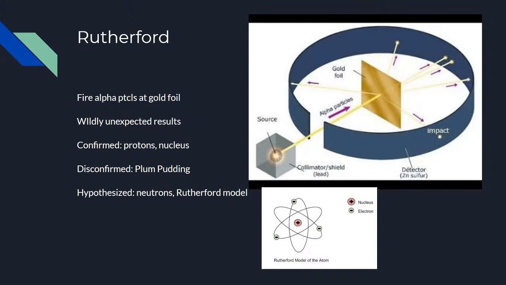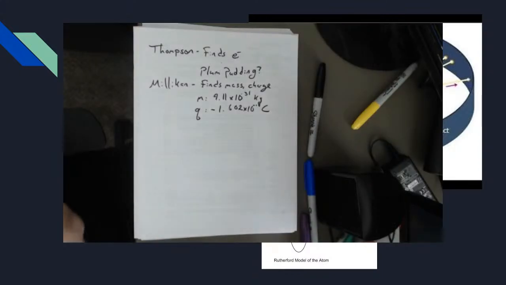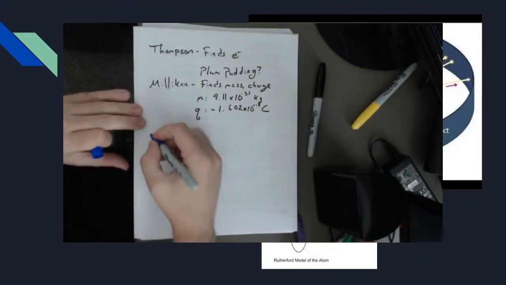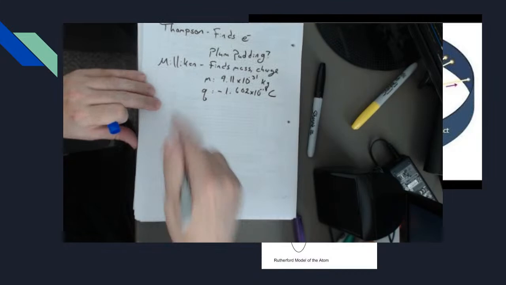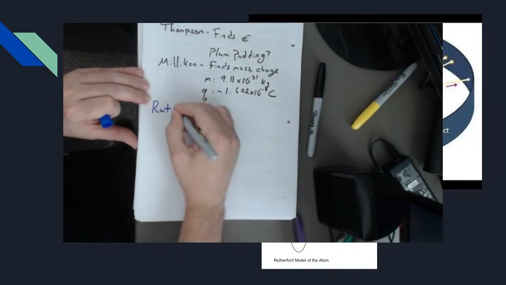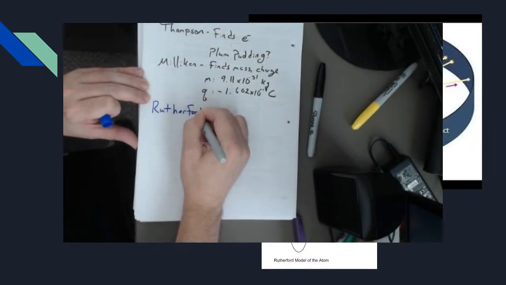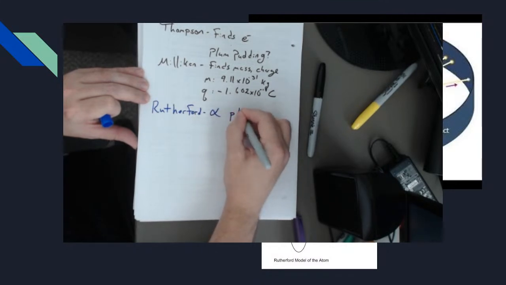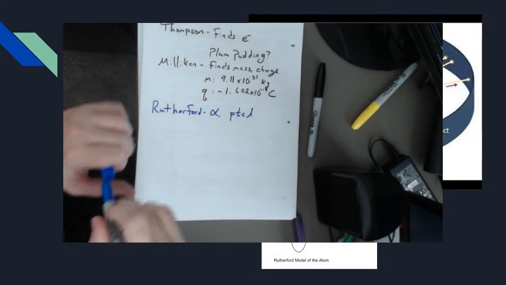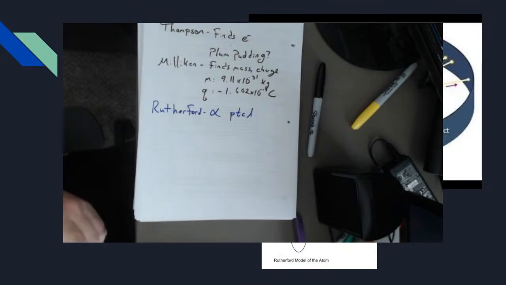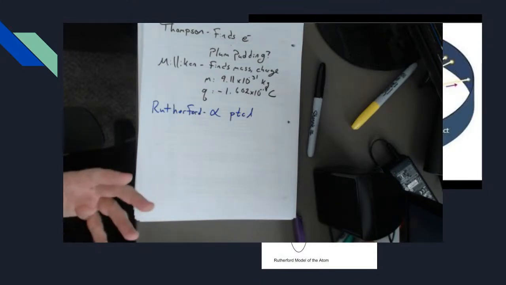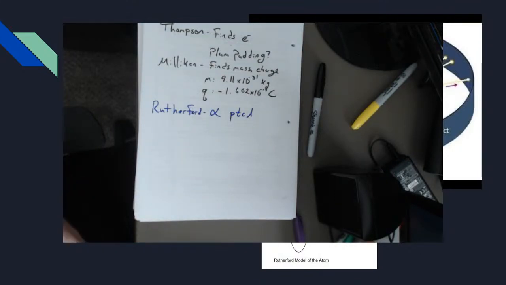An alpha particle, let me go ahead and bring this back up. So this is going to be Rutherford. When they were discovering and naming little bits and pieces of radiation, they had alpha particles, beta particles, and gamma radiation.